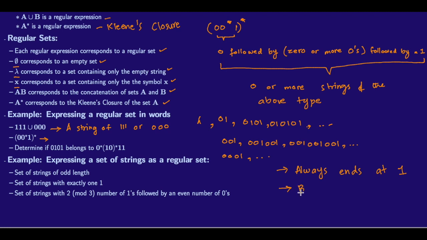So between every pair of ones we have at least one zero. Now this is more interesting. This means that this represents a set of strings which always ends in 1, and between every pair of ones we have at least one zero, and obviously we have to say it also contains the empty string.